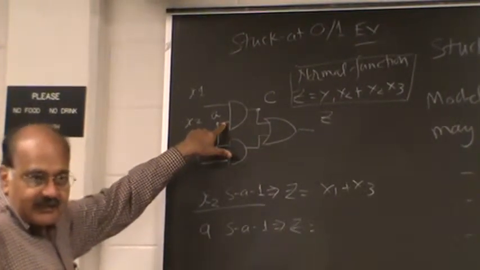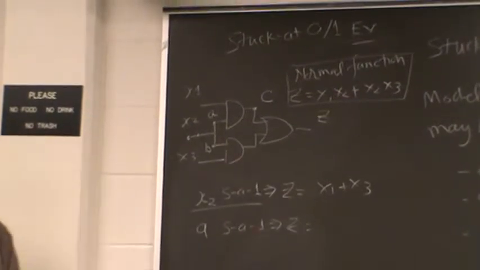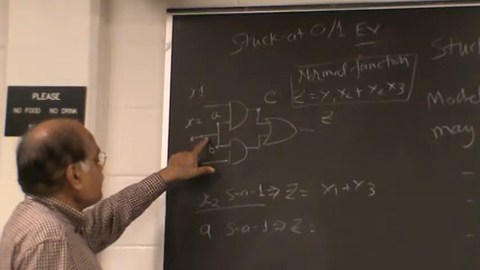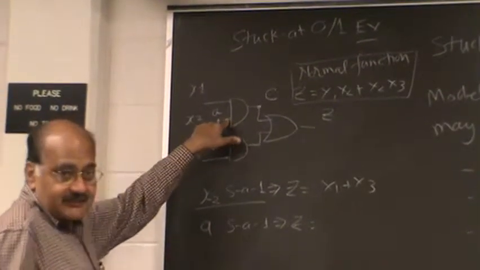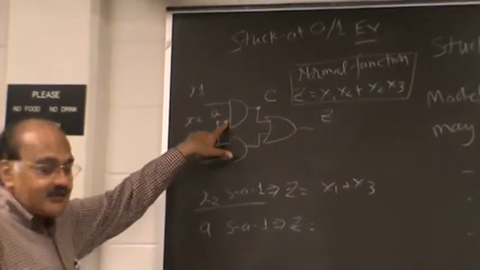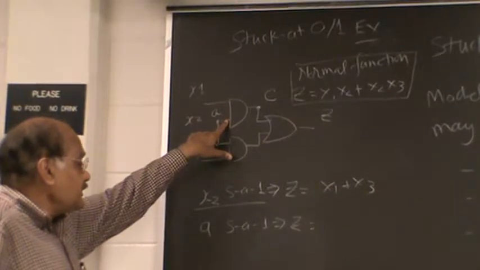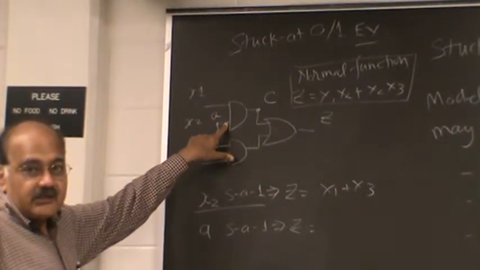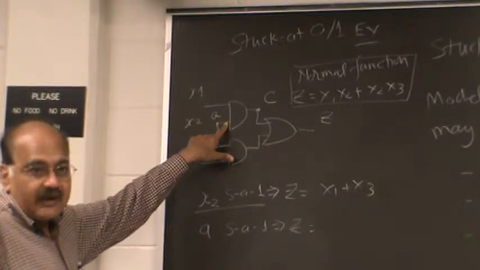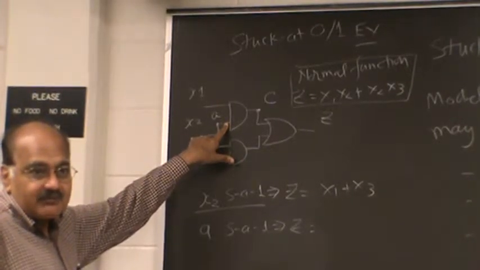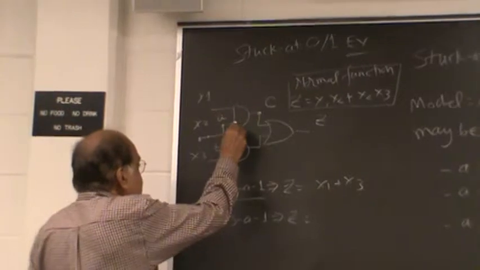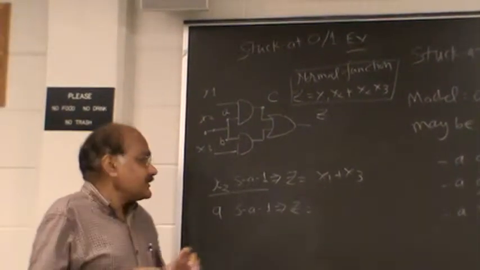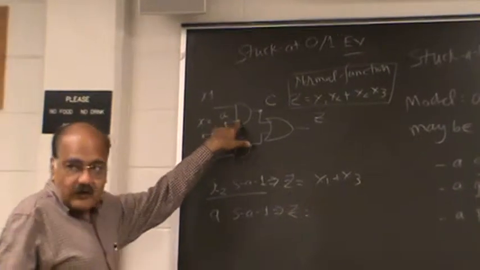Now, some of you are electrical engineers here, so you might wonder, how is it possible that this is not affected, this is not affected, but this is affected? Keep in mind that A being stuck at 1 is a model. We don't exactly know why it is stuck at 1, but for whatever reason, it is possible that there is some fault in here which is causing this line to be stuck at 1.